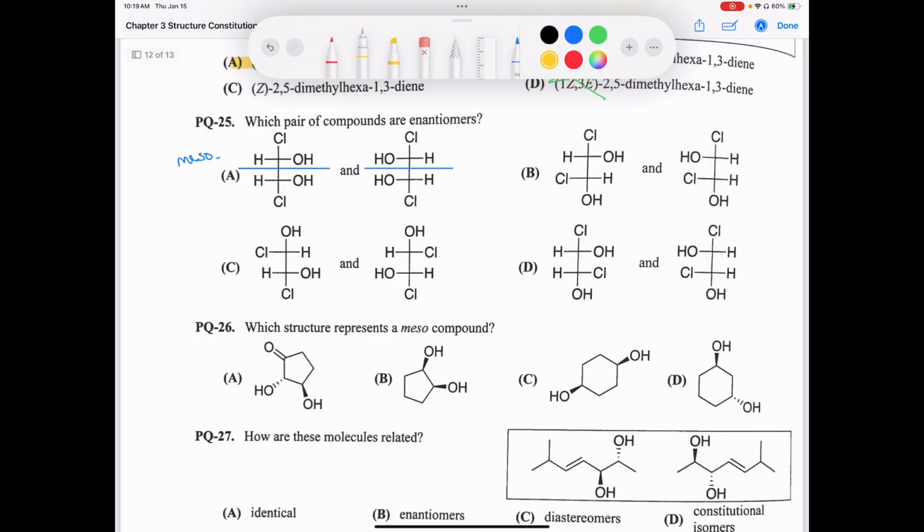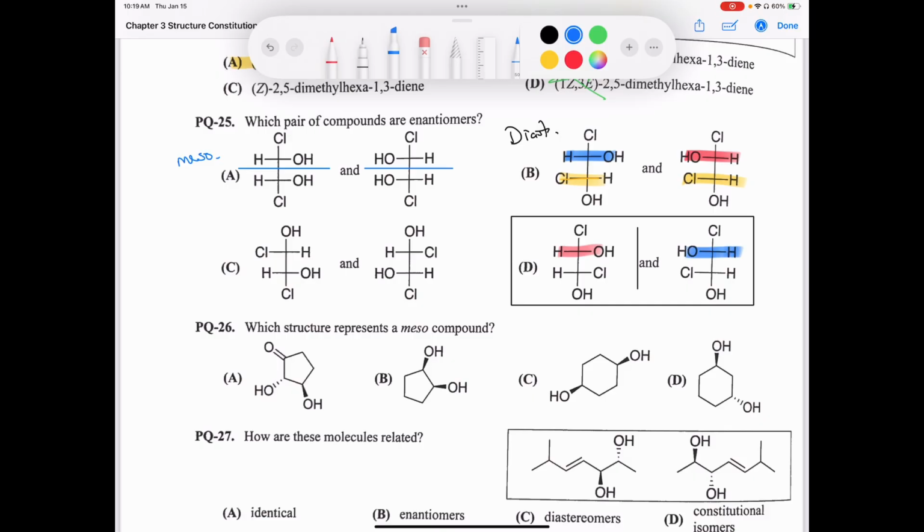And in B, you can see this chiral center is the same, but these two are different. And so these two compounds would be diastereomers of each other. Now, in the solutions, it says that D is the answer, and you can see that these are clearly mirror images of each other. Okay, if we look like this, you can see they're mirror images, right?